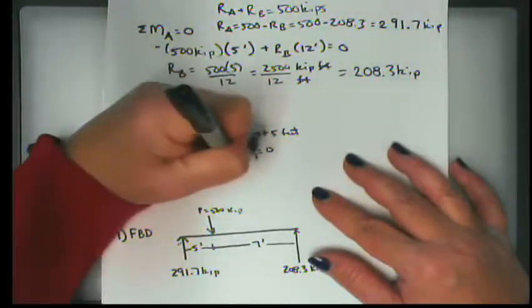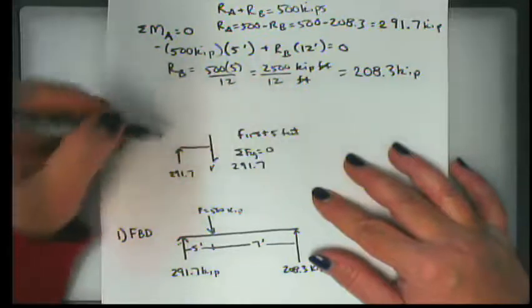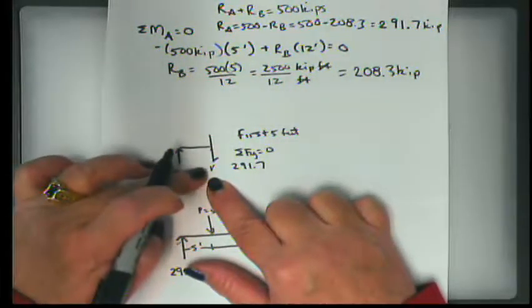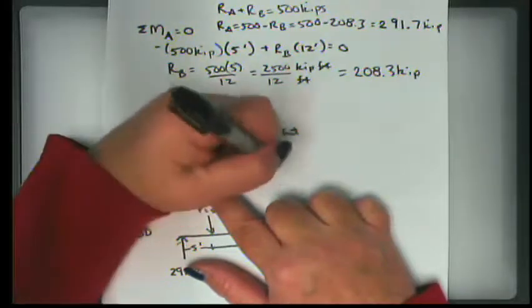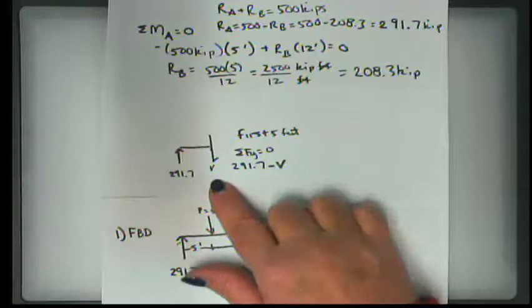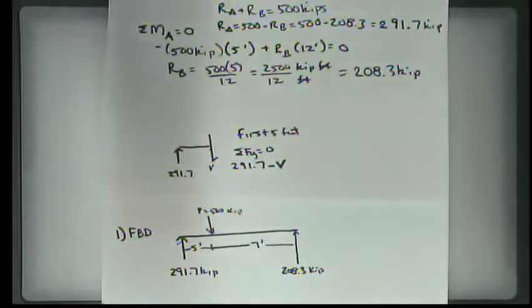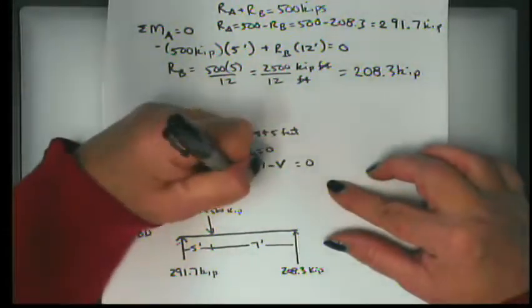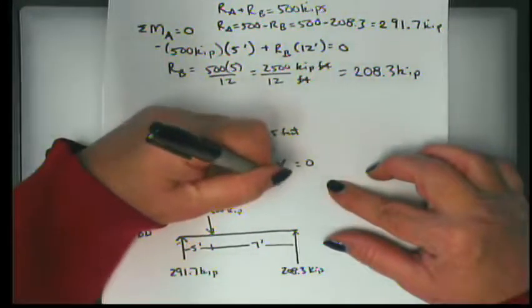So I have positive 291.7. When I'm talking about internal response, I draw V downward as positive, but in this problem it's negative because the external reaction is pointing down. Those things added together equal 0, so 291.7 equals V.